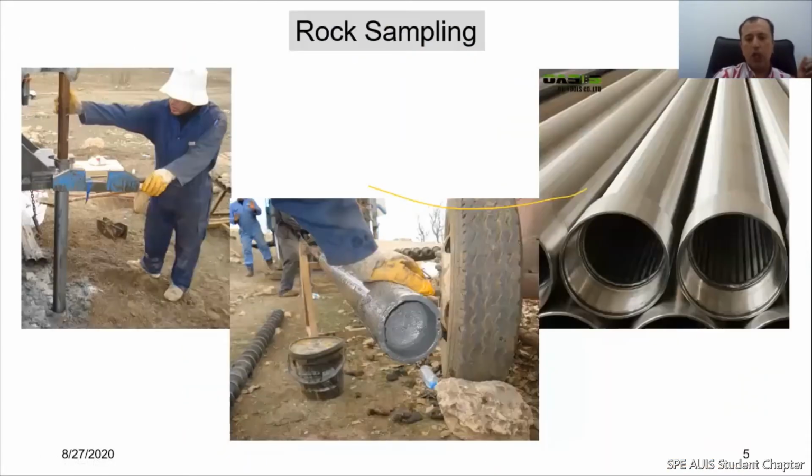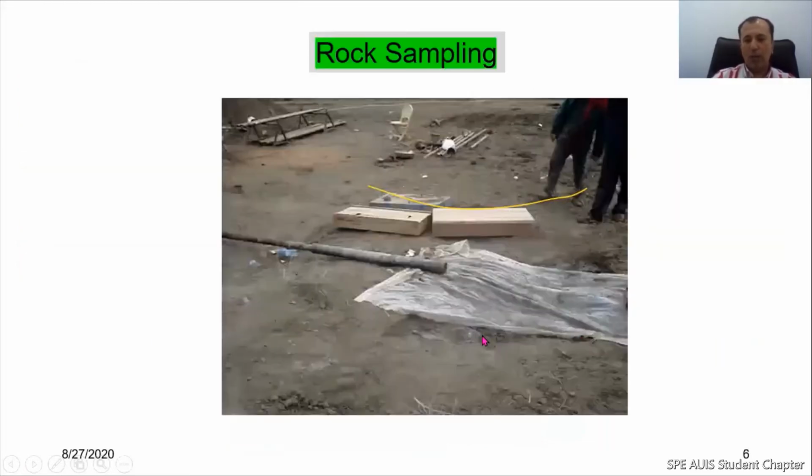Here are the pictures I want to show you for taking rock samples out from the ground. Here is the tube, which is the core, made of steel, as we can see in the right picture. And as we can see in the middle picture, inside the core there is a rock. That rock will be taken out.